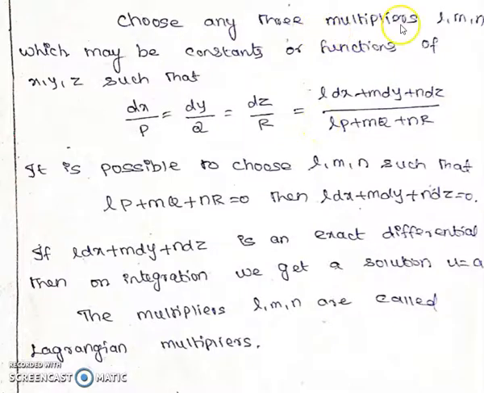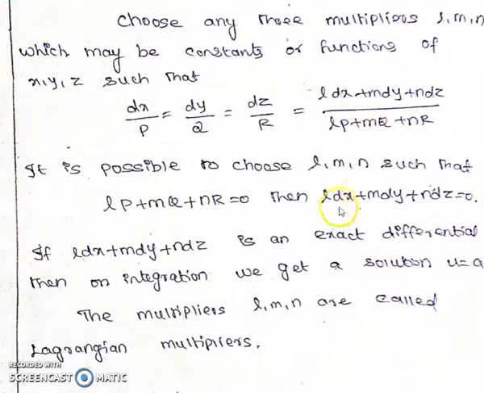Choose any three multipliers l comma m comma n, which may be constants or functions of x, y, z such that dx by capital P is equal to dy by capital Q is equal to dz by capital R, which is equal to ldx plus mdy plus ndz by lP plus mQ plus nR. It is possible to choose l comma m comma n such that lP plus mQ plus nR equal to 0.